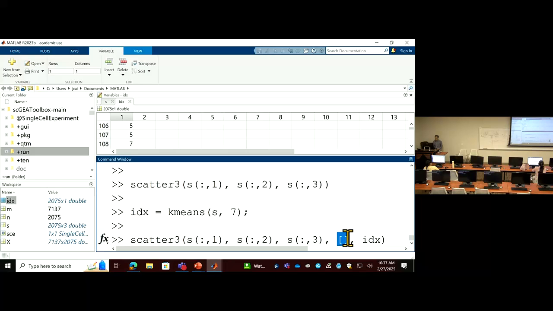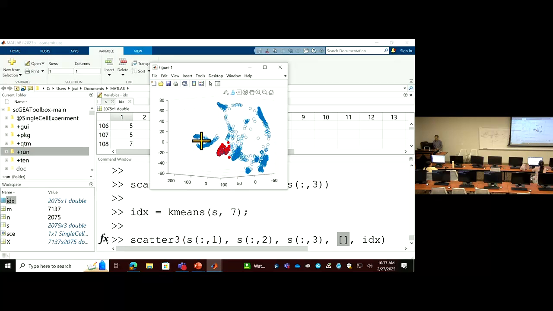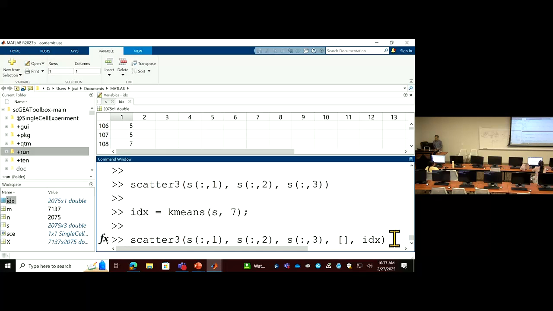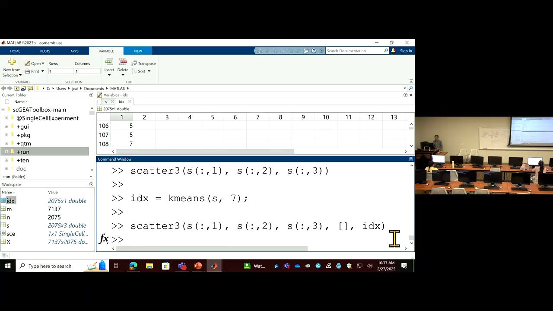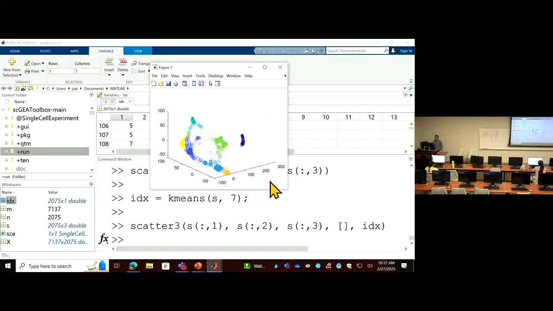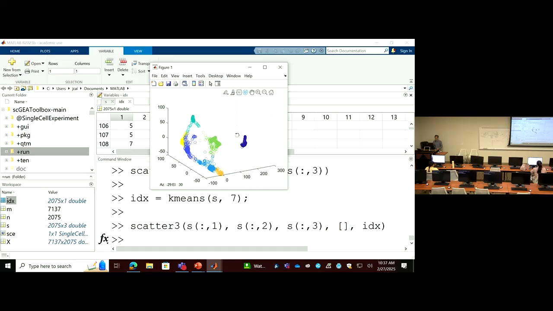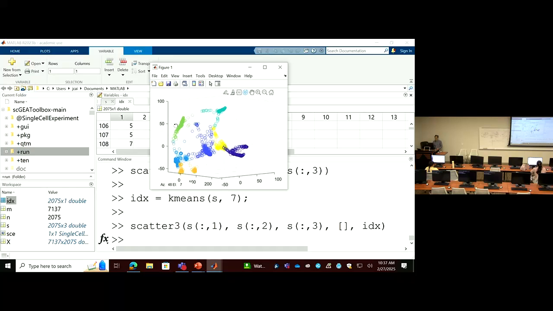This position gives the size of your points, and the index gives your group. I hope it's working. Now you have different colors in your plot. If you count, you should have 7 different colors, and each color indicates a cluster.